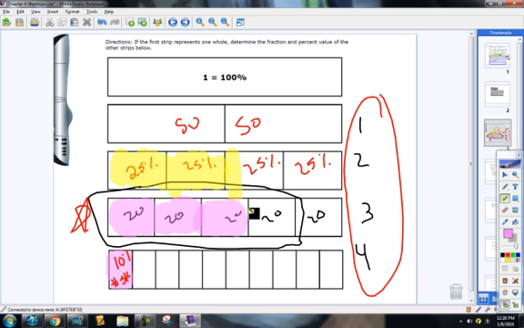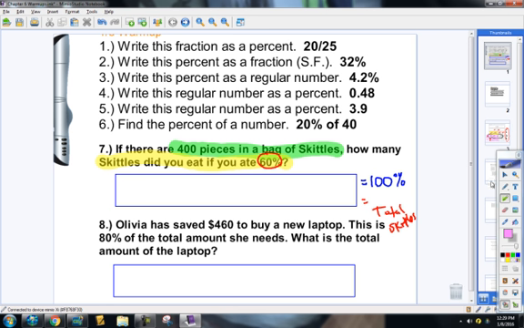So I could see exactly how many sections I need for 60% would be 3 of them. Okay? If I were doing this one, would that be 60% also? Yes. Sure. So could I use either one of these? Yes, I could. So going back here, you could do either one, but I'm going to cut it into 5 sections of 20%.